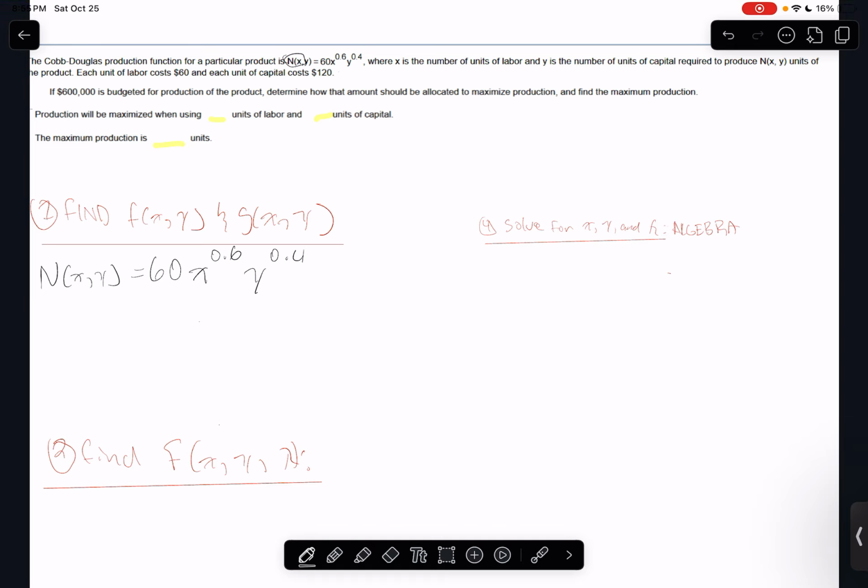So we have our f(x,y), so to speak, but in the form of N(x,y). We'll keep it N(x,y), but just remember that this is f(x,y). All right, the next step is to find our constraint. All right, and what is that? Okay, we know that we have unit. Excuse me.